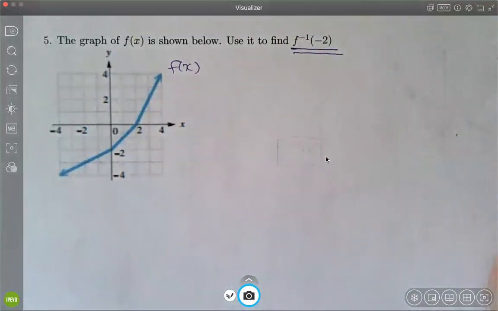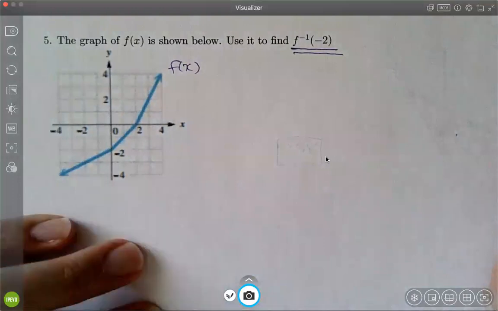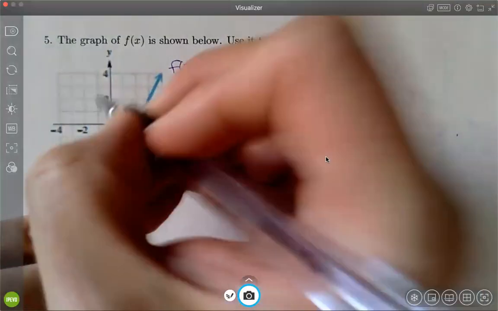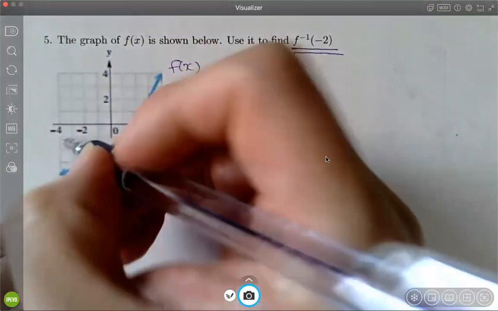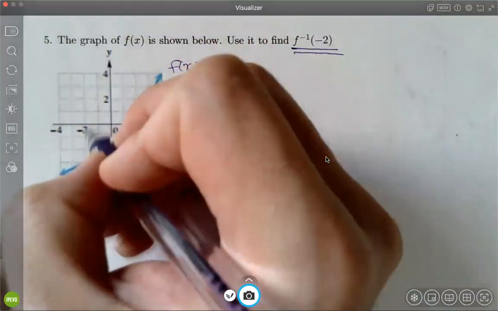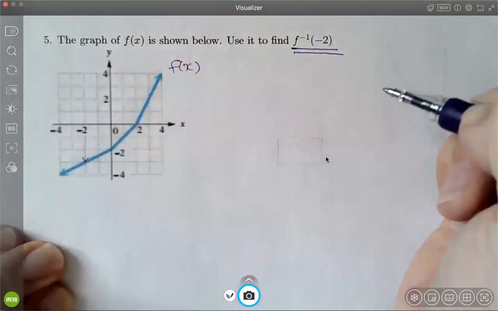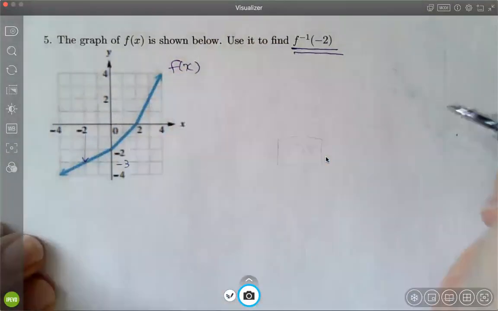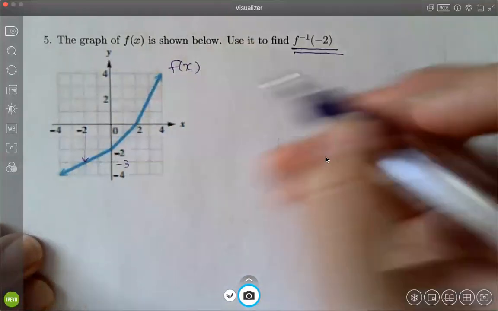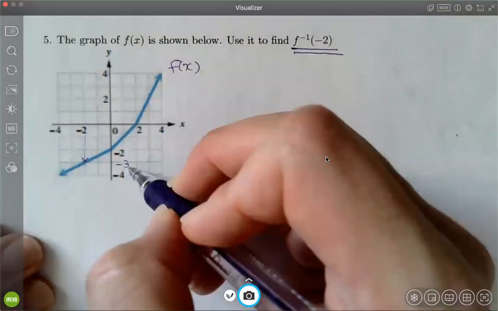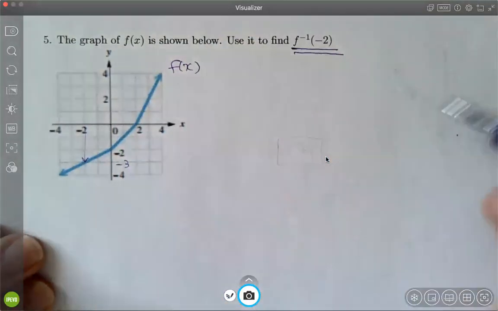Okay, so now this one, here is -2. Do we plug in -2 and then find where the y value is? So is the answer -3? And what's the reason? f of -2 is -3, but we are trying to find f inverse of -2, right? Okay, so now what's the strategy here?